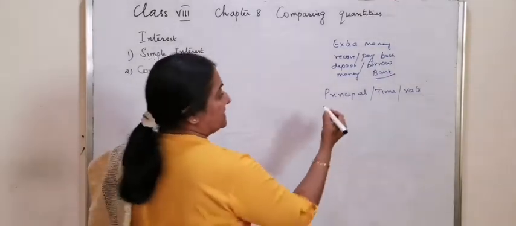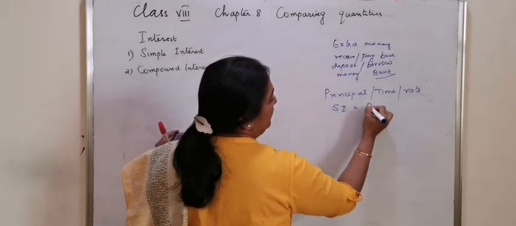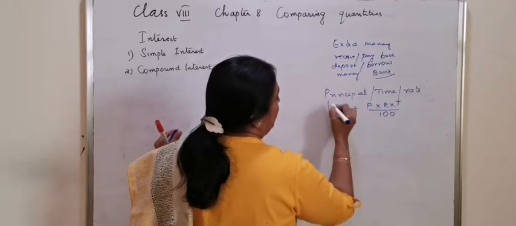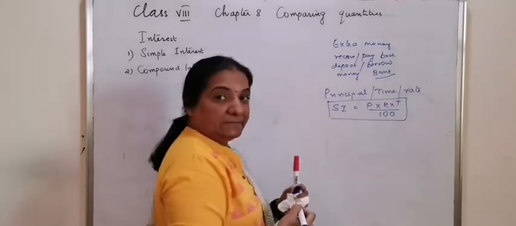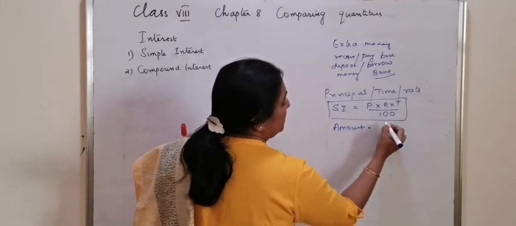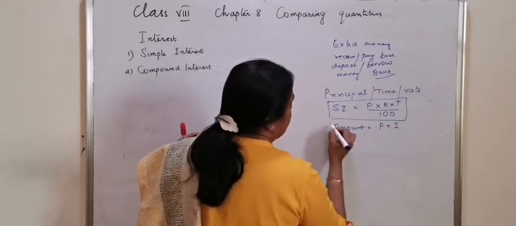The simple interest is calculated using the formula P into R into T by 100, and the final amount will be principal plus interest.